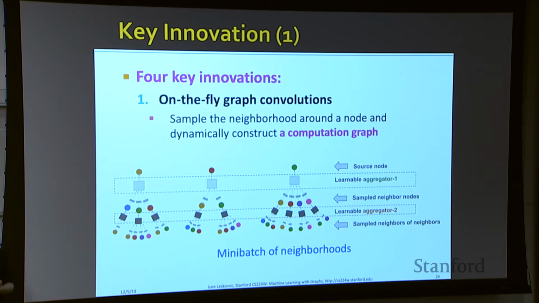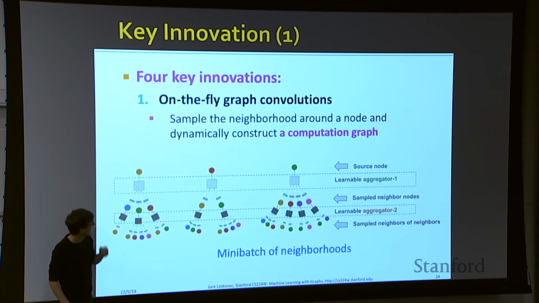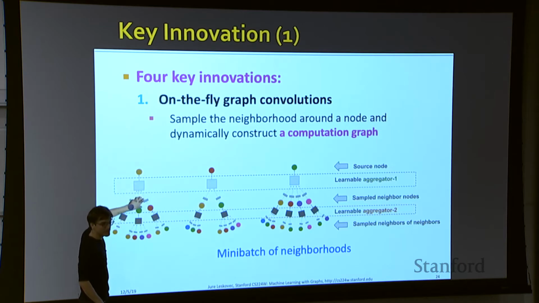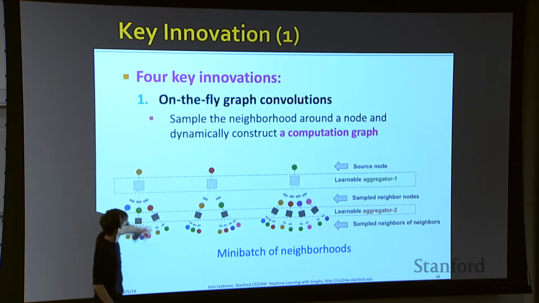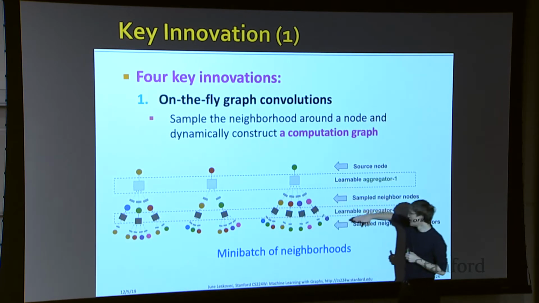So there are 4 key components to be able to do this at large scale. The first thing is that for every pin, we are going to generate the computation graph, as we talked about in the lecture on graph neural networks. As we do the forward pass to come up with the embedding for the pin, we will have these aggregators and transformations that we talked about, and these are learned.